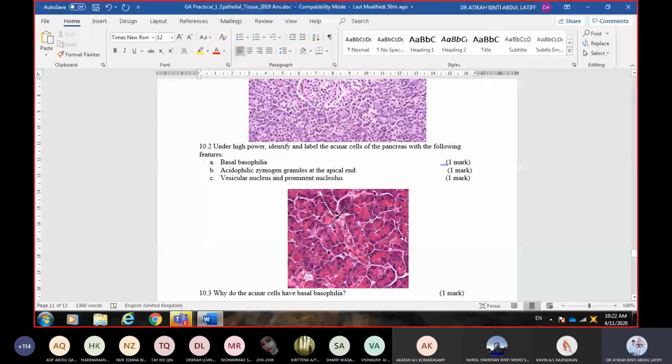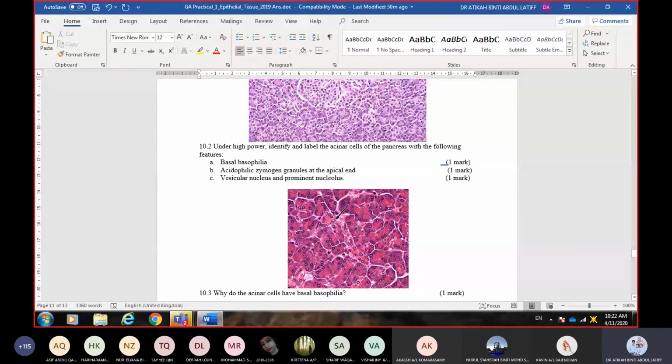But if you refer back to my lecture slides, you will see a nicer picture of cells with all these features. Basophilia just means that at the base it is more blue or purple. Acidophilic zymogen granules are like dots of zymogen granules at the apical end, and vesicular nucleus and prominent nucleolus.